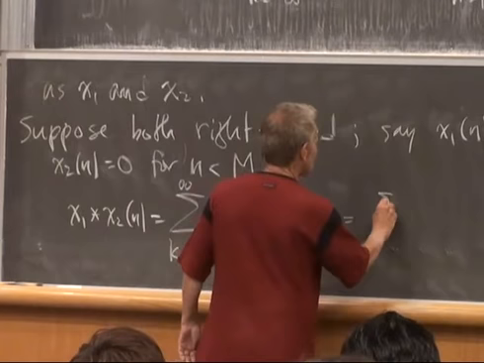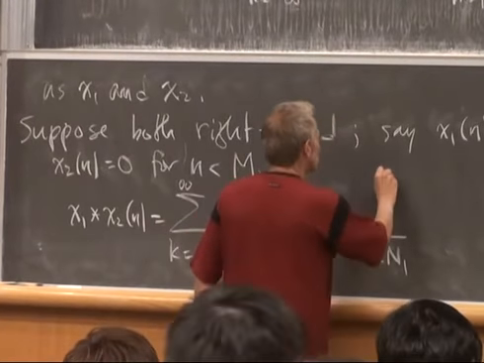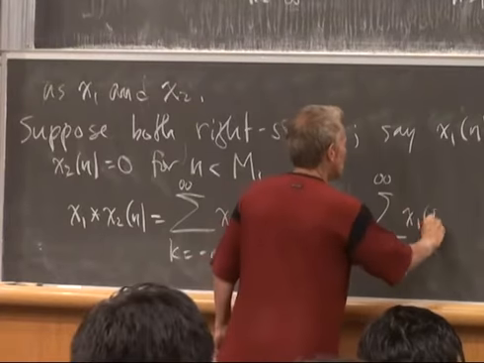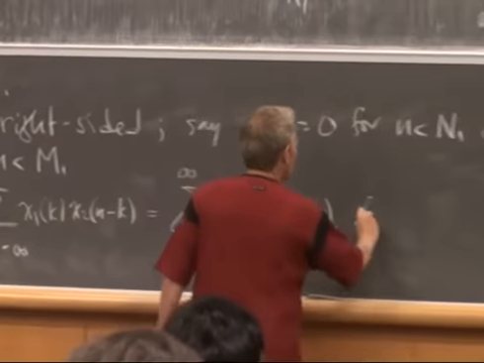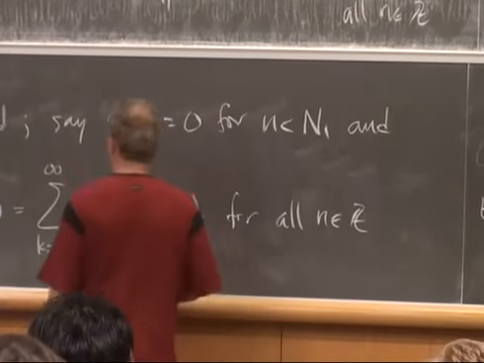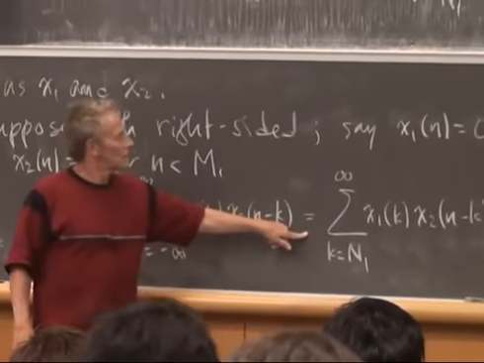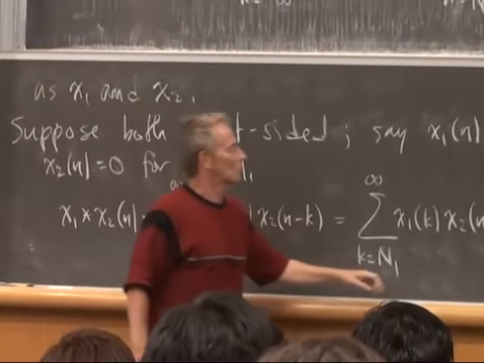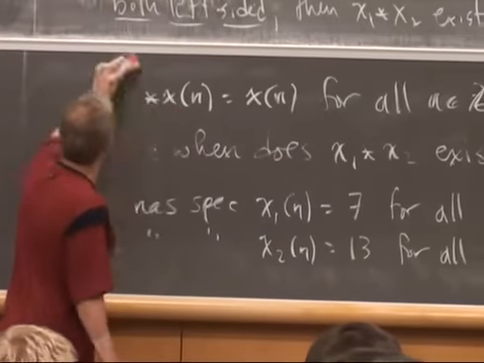And we get the sum from k equals N1 to infinity of x1 of k, x2 of n minus k. And that's true for all n. This is because x1 is 0 when k is less than N1. So let me write down that reason.